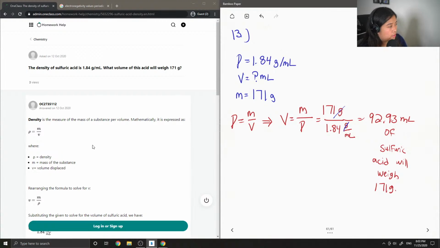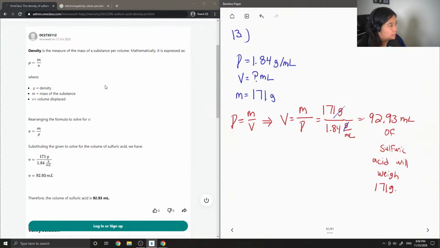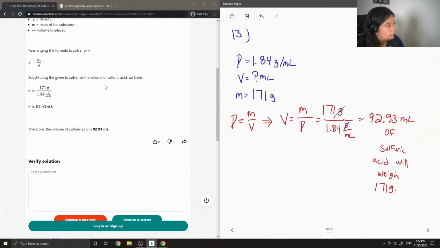Okay, so the junior tutor said, density is the measure of the mass of a substance per volume. Mathematically, it is expressed as density equals mass over volume. Rho is equal to density, m equals mass of the substance, v is the volume displaced. Rearranging the formula to solve for v, v is equal to mass over density.